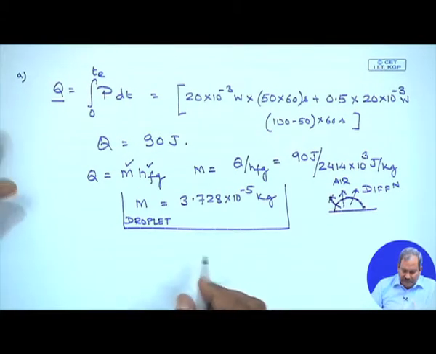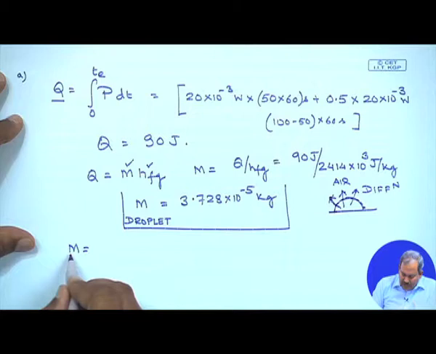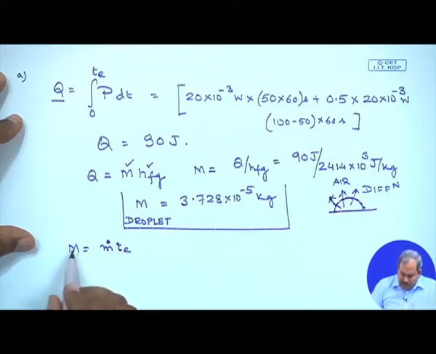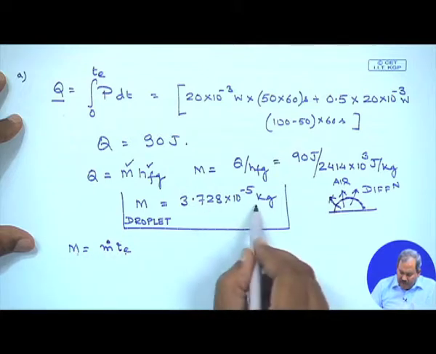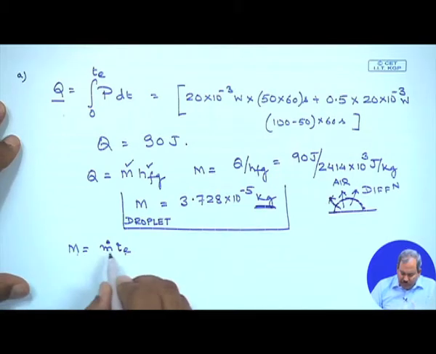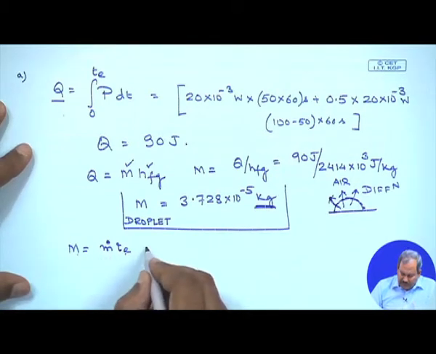This M, the total amount of mass which is evaporated, must be equal to the mass rate times Te. So, this is the total mass, and this is the average value of the mass flow rate multiplied by Te. This is kg per second, this is second, and this gives you the total amount of kg of water which has been evaporated. So, your M is equal to m dot times Te.